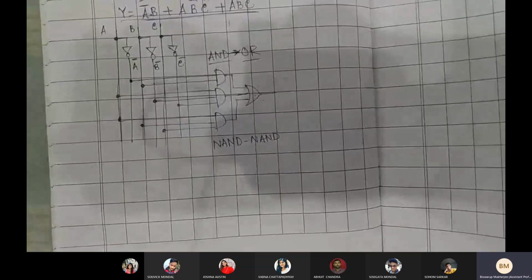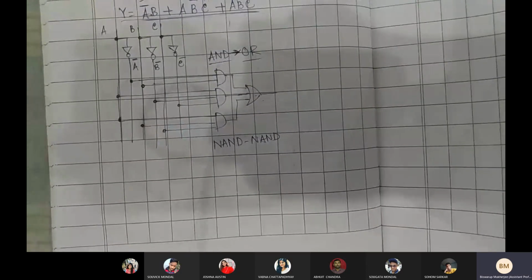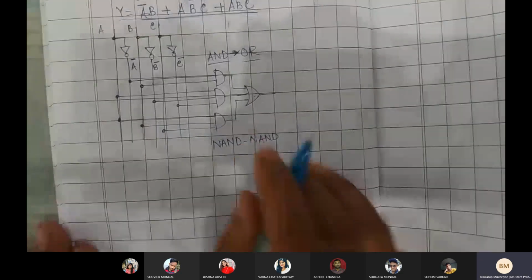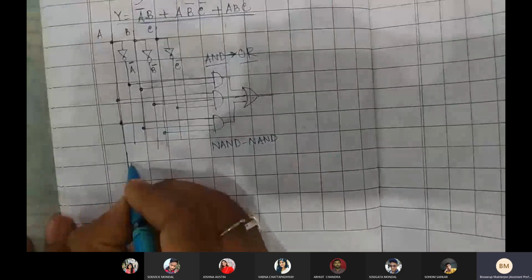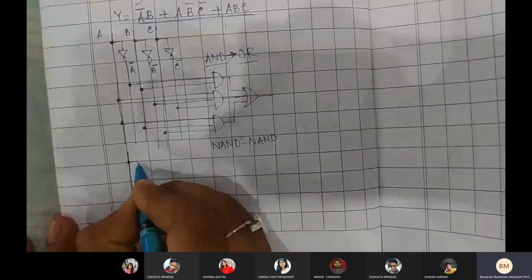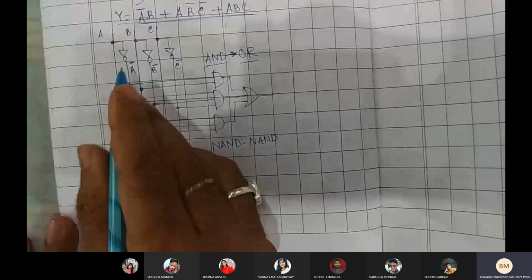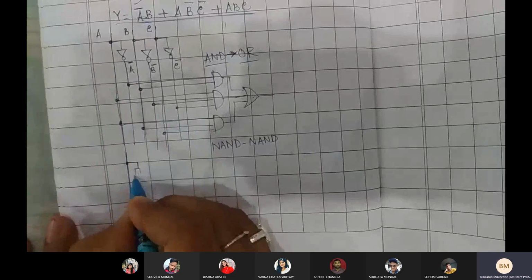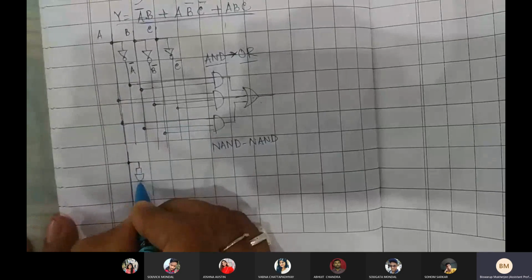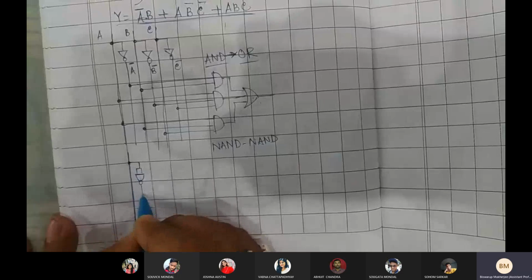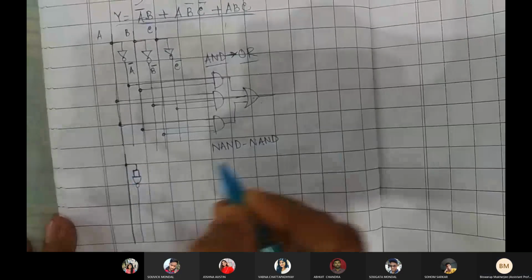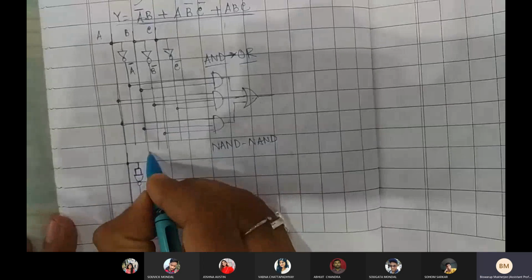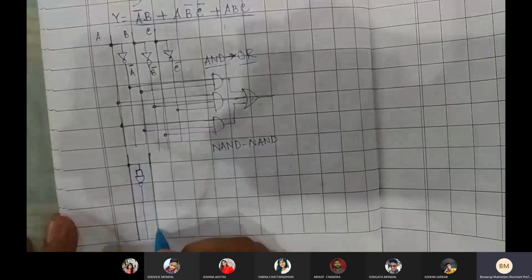So if we draw the circuit, entirely the same circuit can be drawn, in the same way, just by using NAND. So the NOT can also be replaced by NAND, like this. As they require only one NAND, both the inputs of the NAND are shorted, because we already know how to make NOT using NAND.